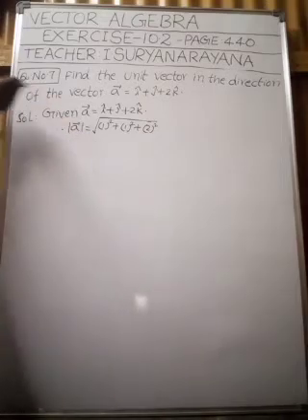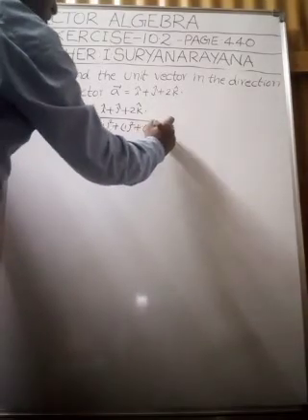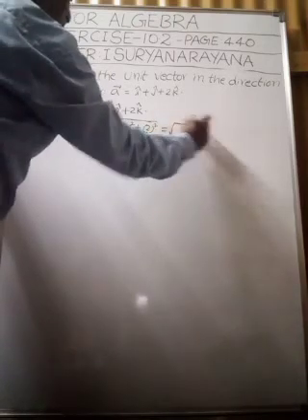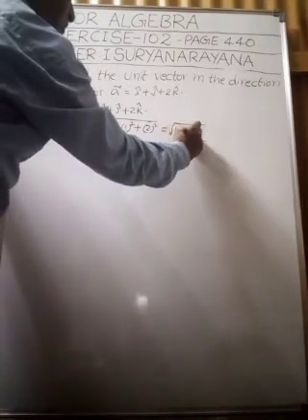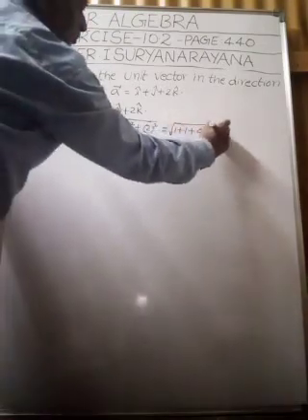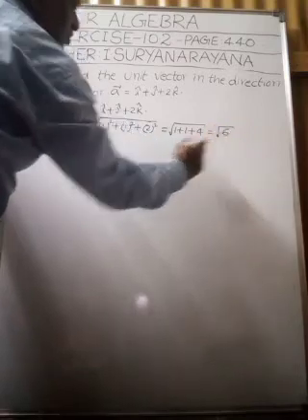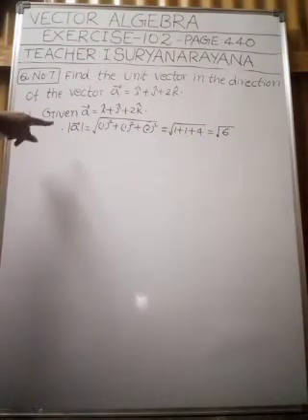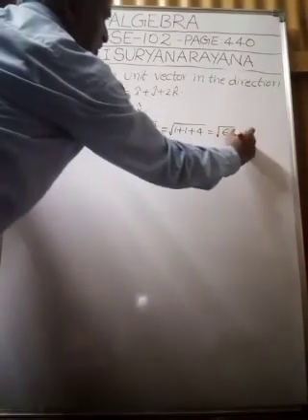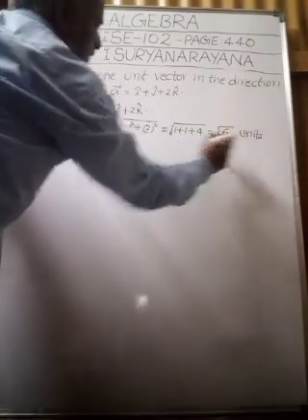Okay, my children, do you remember that one? Right. That is equal to, what do we get here? Square root of 1 plus 1 plus 4. Yes or no, my children? Right. Let us simplify these three numbers. Root 6. That is the magnitude, the length of the vector a bar. Root 6 units. Okay, my children?